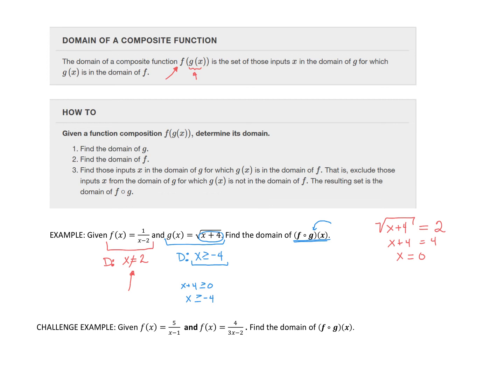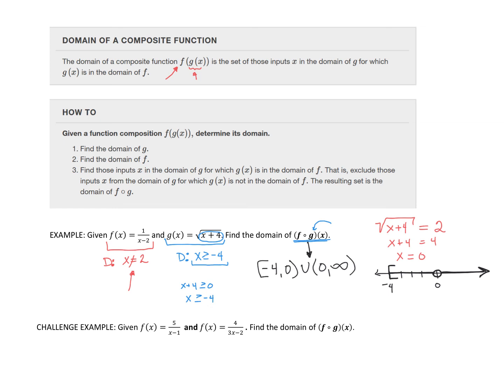So our domain for this composition first has to be greater than or equal to negative 4, but we can't have 0. Let's write that in interval notation. Negative 4 up to 0, union 0 to infinity.